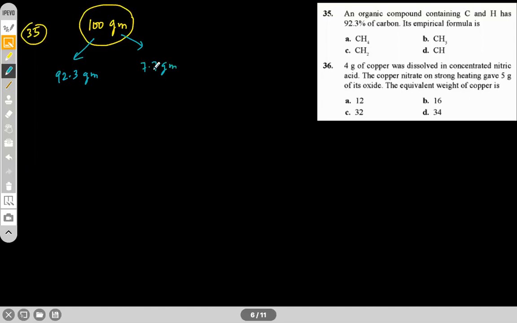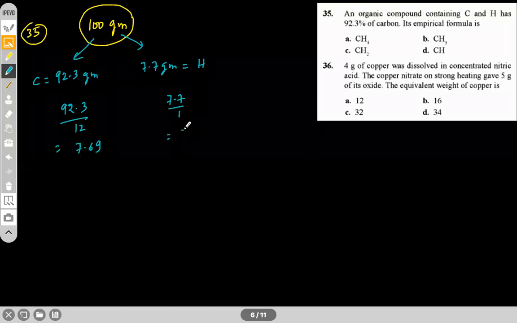So the number of carbon atoms is 92.3 divided by 12, and for hydrogen it is 7.7 divided by 1. The carbon value is approximately 7.69, and the hydrogen value is 7.7 only.